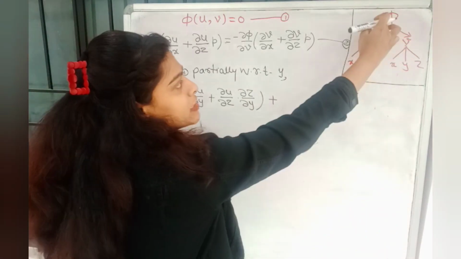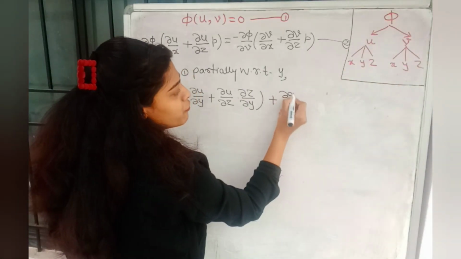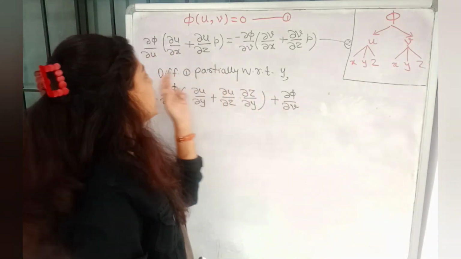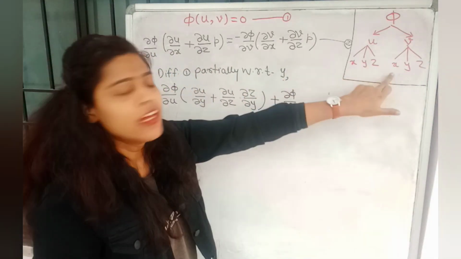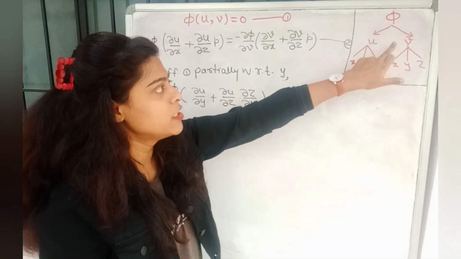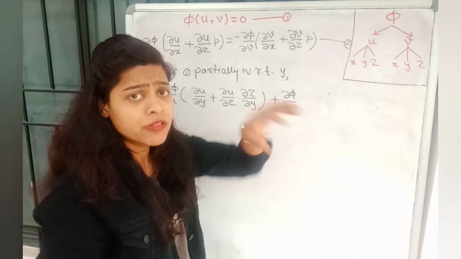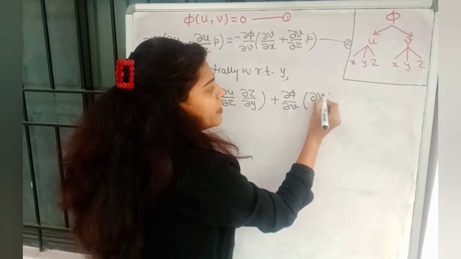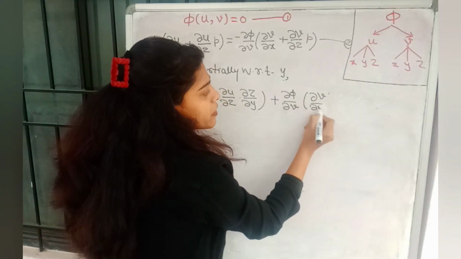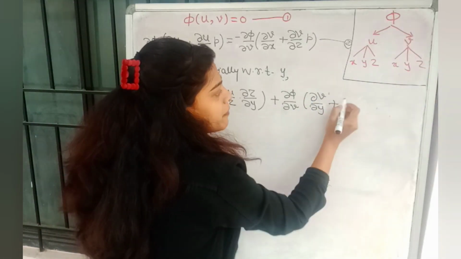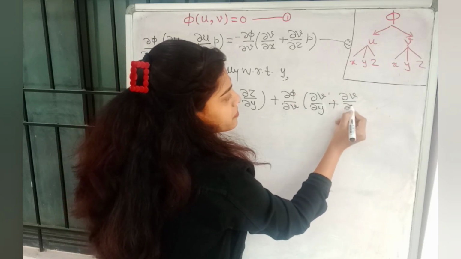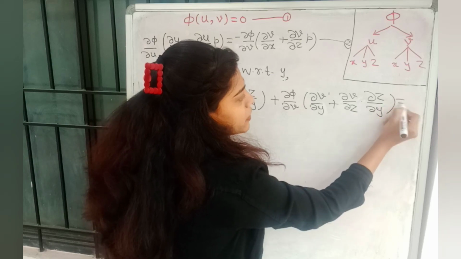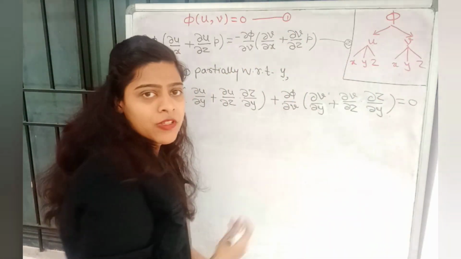Now the second part is phi is a function of v, that is dou phi by dou v. v is a function of x, y, z, but we are taking the derivative partially with respect to y. That time the first term, the derivative with respect to x, should be 0. Then the second term will be dou v divided by dou y plus dou v divided by dou z into dou z divided by which term? dou y, is equal to 0, because RHS is equal to 0.